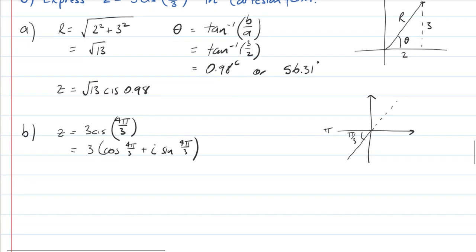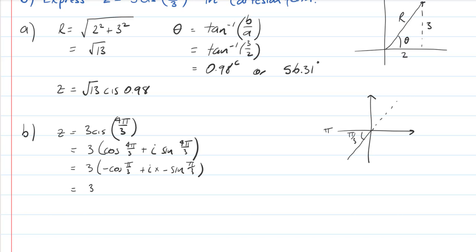So that means that this is equal to 3 negative cos of pi on 3, which is 60 degrees, plus i sine, or actually I'll do plus i times negative sine of pi on 3.